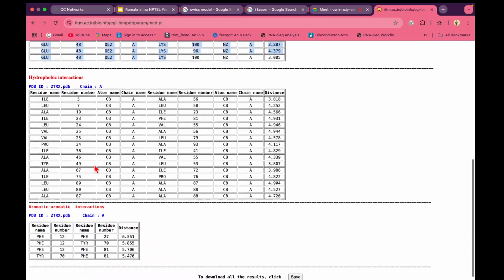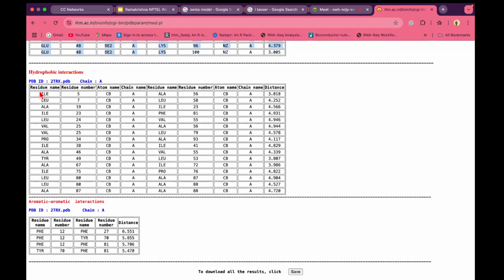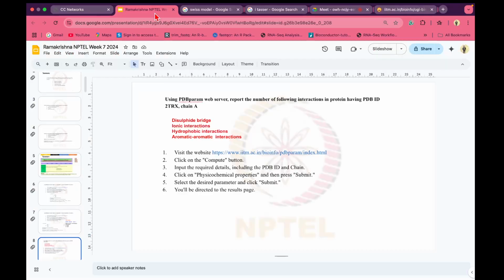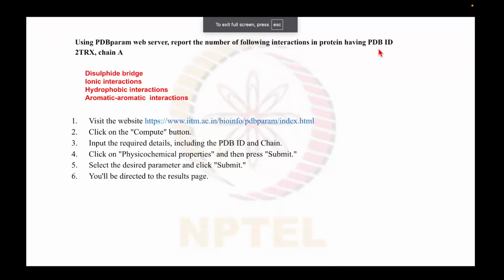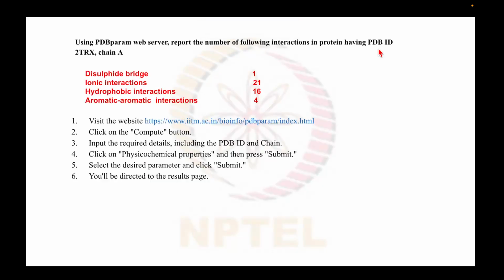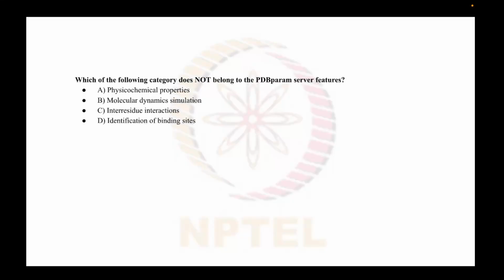We have 21 ionic interactions, followed by hydrophobic interactions and aromatic interactions. So this is how PDB param provides interactions. These are the number of interactions: one disulfide bridge in chain A of 2TRX, 21 ionic interactions, 16 hydrophobic interactions, and 4 aromatic interactions.